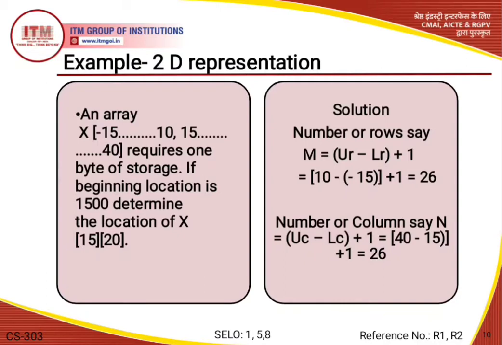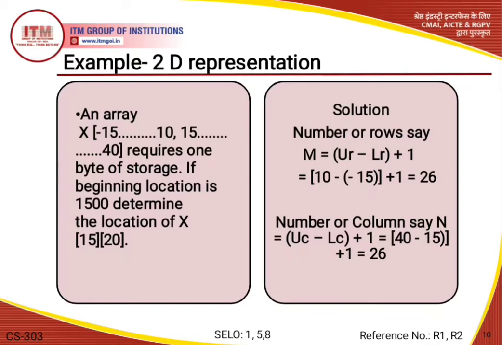Here the upper bound for column is 40, so I am putting 40, and the lower bound is 15, so I am putting 15, and as this is a positive value, we just subtract 40 minus 15 and then add 1. So the number of columns here we get is 26. So here the number of rows is 26 and the number of columns is also 26.